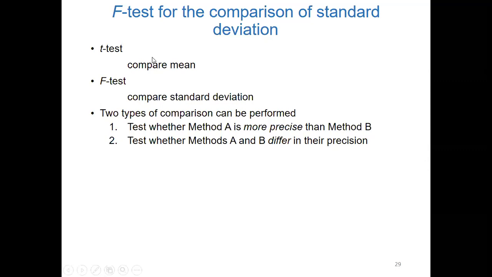When we compare standard deviations, two types of comparison can be performed. The first is to test whether method A is more precise than method B. Suppose we have two methods, A and B. We should know which method is more precise for the analysis, and to test that we can perform the F-test.